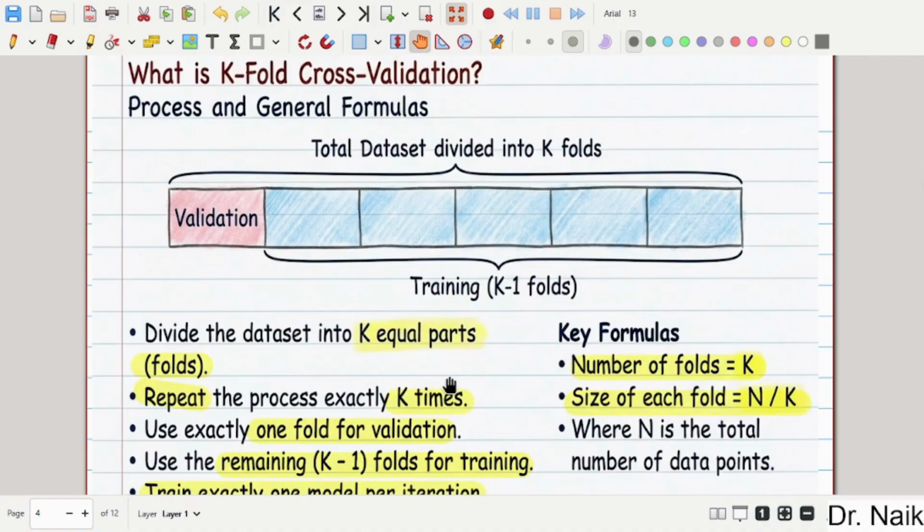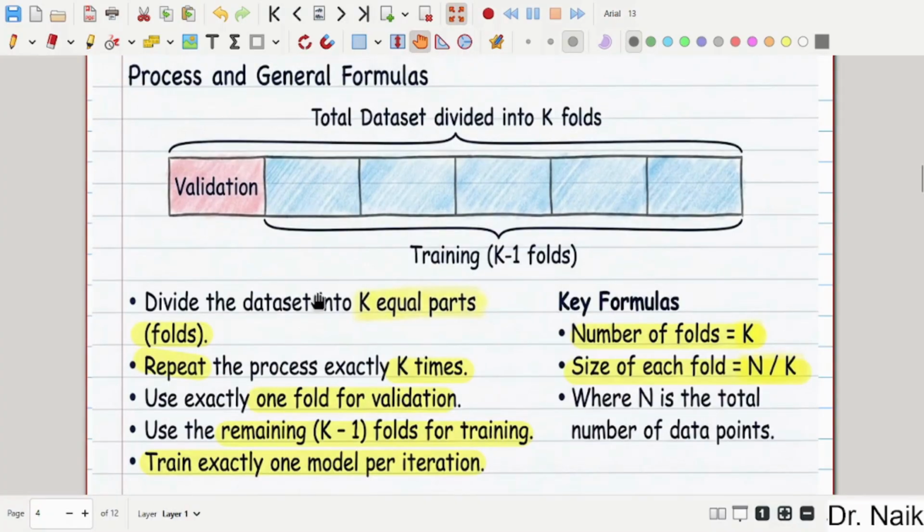Now understand what k-fold cross validation is. In k-fold cross validation, we divide the data set into k equal parts. Each part is called a fold, and we repeat the following process exactly k times. That means we use one fold for validation and the remaining k minus 1 folds for training.